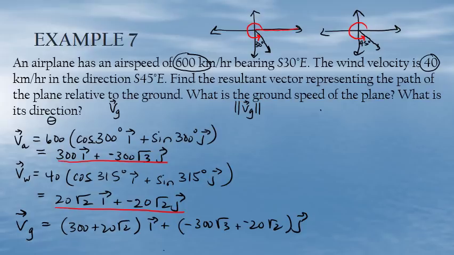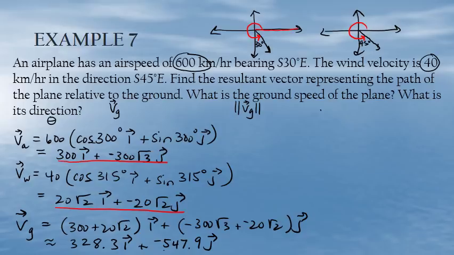And I always like to just get a feel for that, so I plug it into my calculator just so I can sort of get a feel for whether or not this answer feels like a good one. So 300 plus 20 root 2 is around 328.3i plus my j component is going to be negative 547.9.